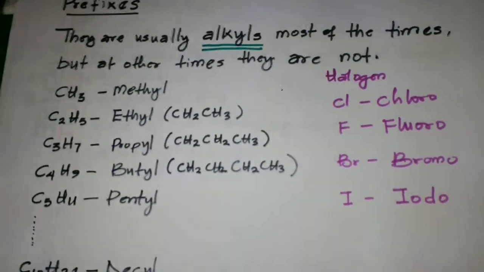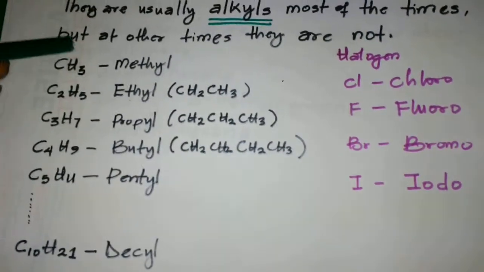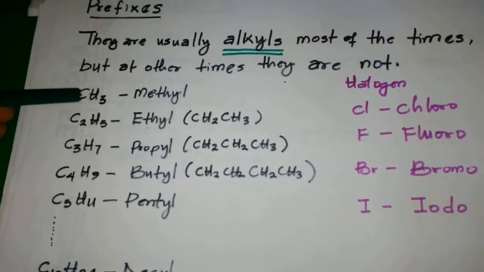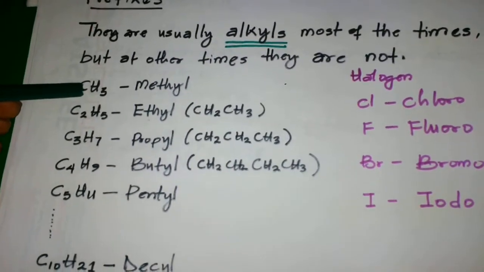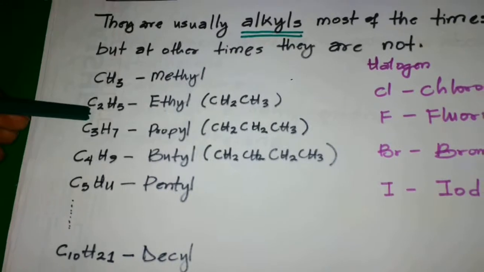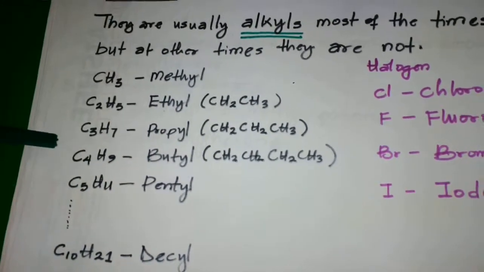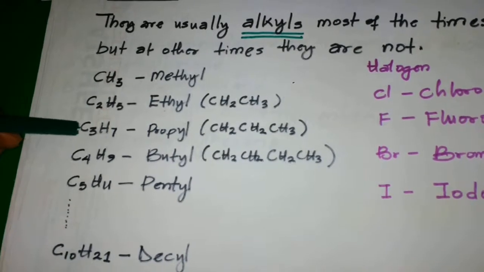But for the most part, they use the first 3 alkyls. And the first one is methyl, which is CH3. Second one is ethyl, which is C2H5. It can also be written as this. Third one is propyl, which is C3H7.